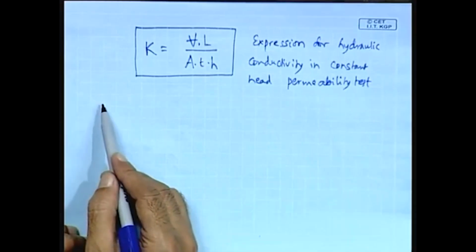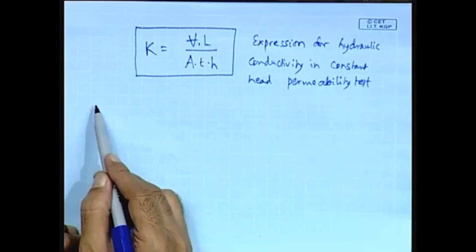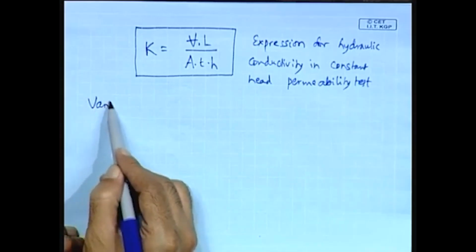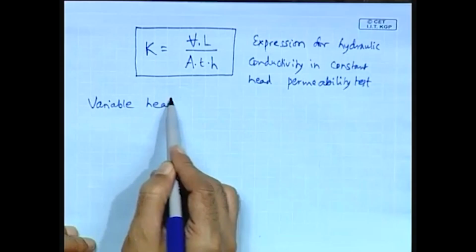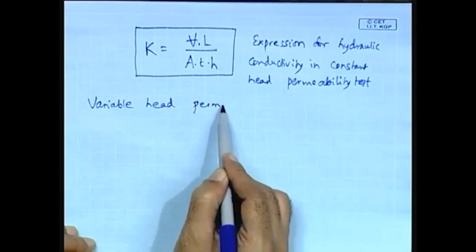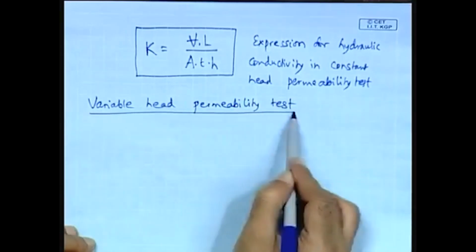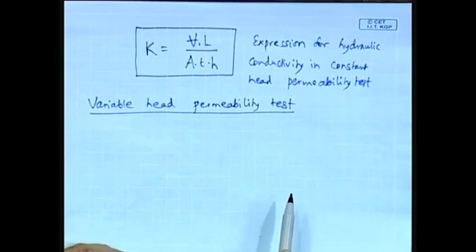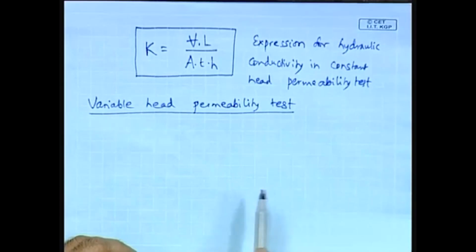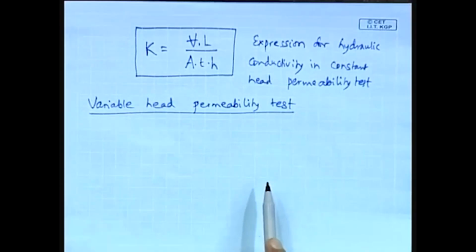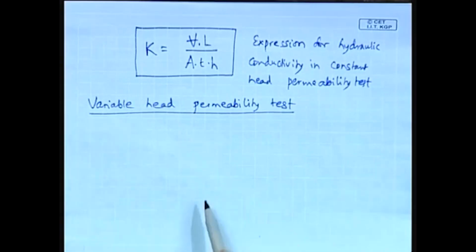Now, let us go to another laboratory method, which is the variable head permeability test. Here, unlike the constant head permeameter or constant head permeability test, the head in the supply side will be varying. So, obviously, due to gravity flow, this head in the supply side is continuously decreasing.